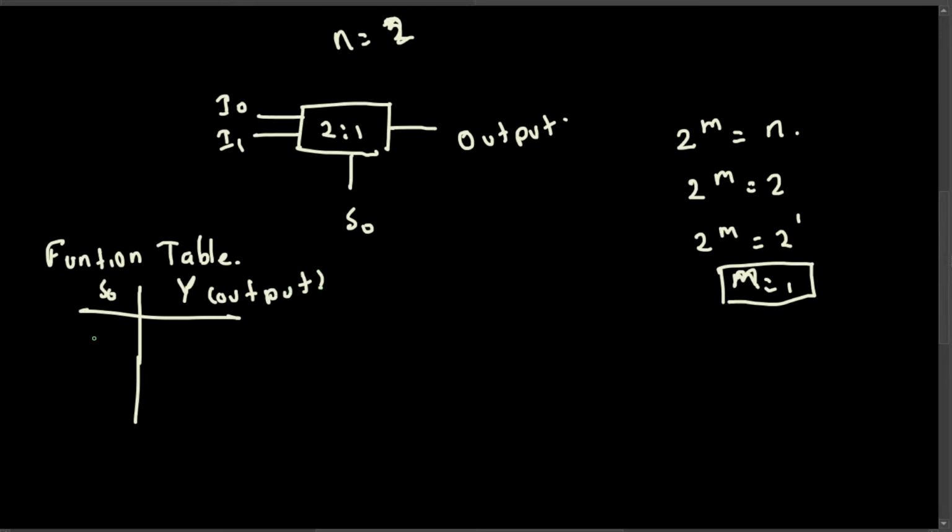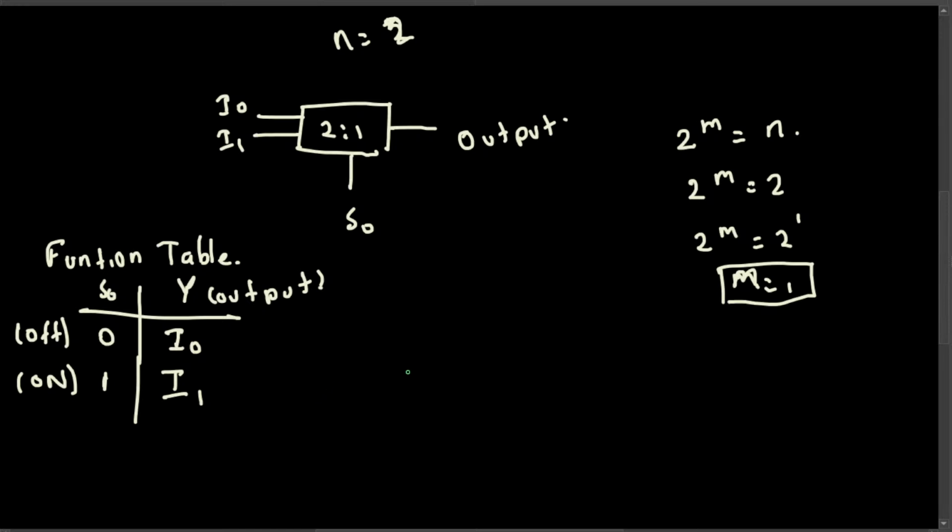Whenever S0 is 0, the output is going to be I0, it selects the first one. When S0 is 1, it selects I1. Based on the select line input, it selects the input and gives the output.